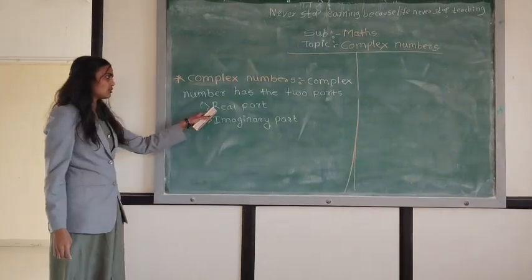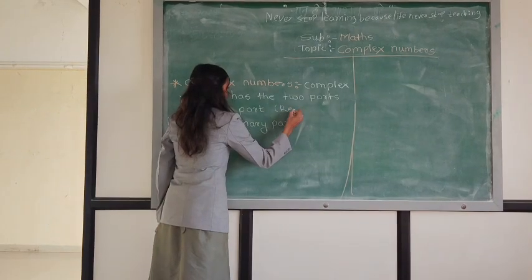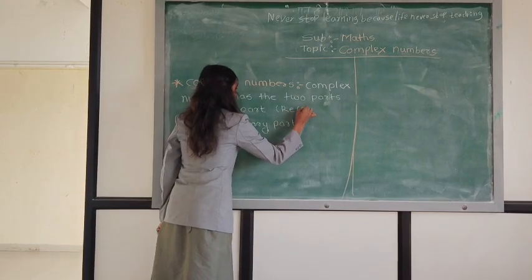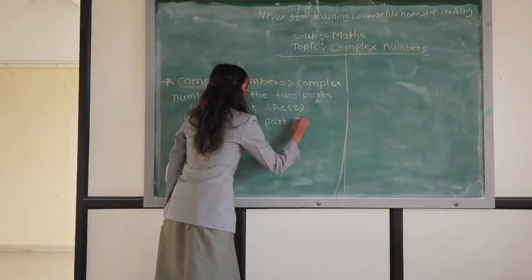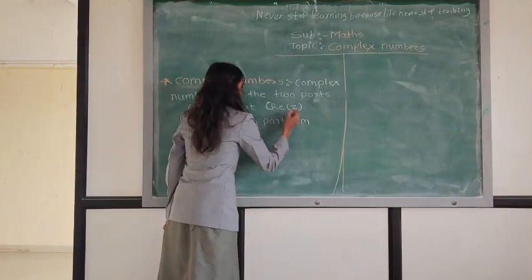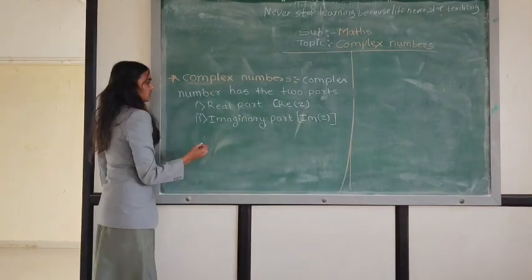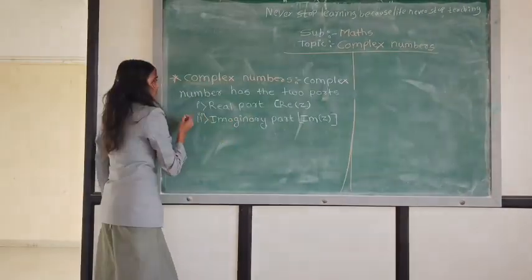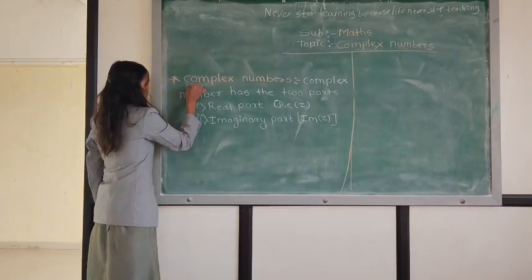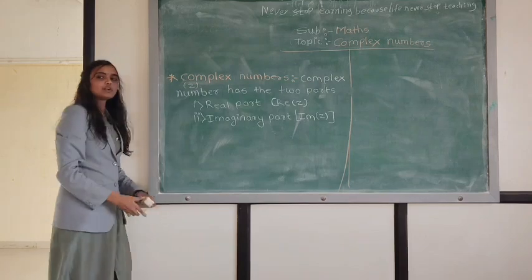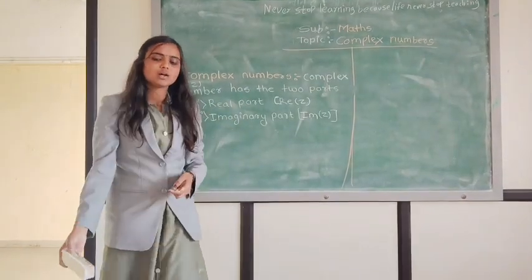The real part of a complex number is denoted by Re(Z) and the imaginary part is denoted by Im(Z), where Z is the complex number and a complex number is denoted by Z. Okay. So what is the real part and what is the imaginary part, we are going to discuss.